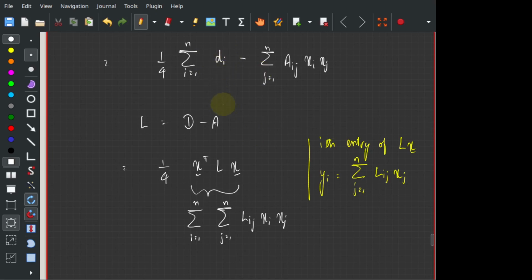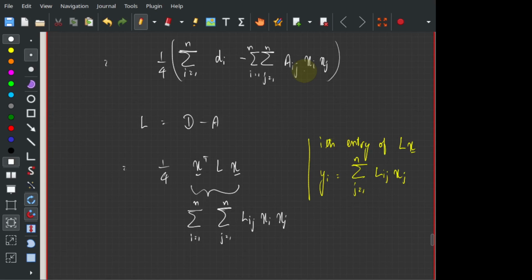So it's always equal to di. But when i equals j, what is xi times xj? xi into xi, which is always equal to 1. So if you take all the entries corresponding to i equal to j, you basically get summation i equal to 1 to n di. And when i is not equal to j, you get these aij xi xj terms.